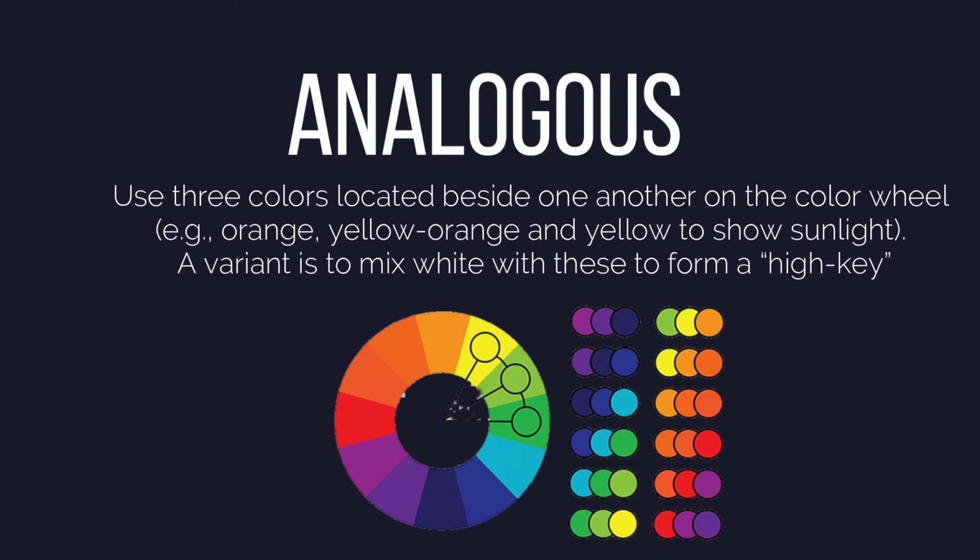So when you mix, you can also mix it with white to form a high key. So analogous is when you use 3 colors located beside one another on the color wheel to create an element. Now let's look at the number 3.